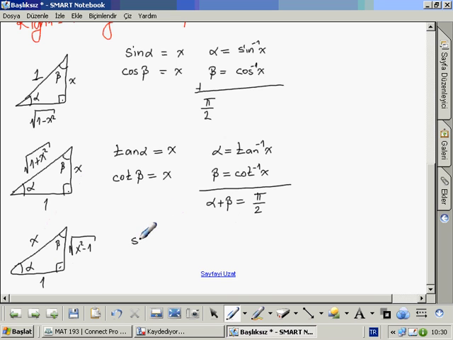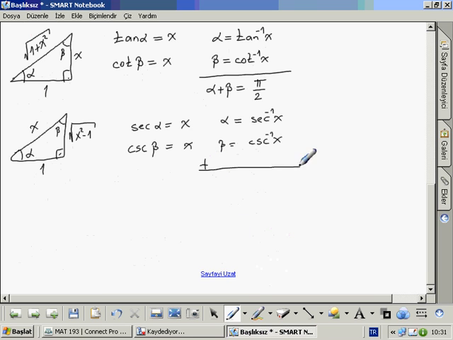So secant alpha equals x, because secant alpha equals 1 over cosine alpha, okay, and cosecant beta equals x, okay, and alpha equals inverse secant x, and beta equals inverse cosecant x, and the addition alpha plus beta equals pi over 2, okay.